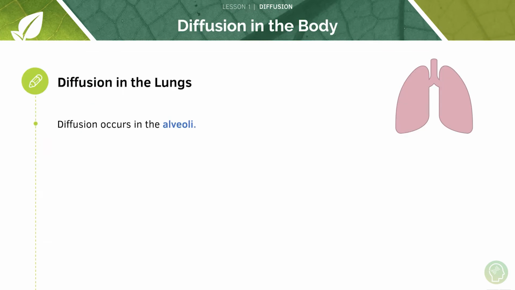Now, let's have a look at some examples of diffusion in the body. Diffusion occurs in the alveoli of the lungs, for example. Alveoli are the simplest structure in the lungs where gas exchange occurs, and you might remember in some tutorials I've talked about alveoli looking like a bunch of grapes.